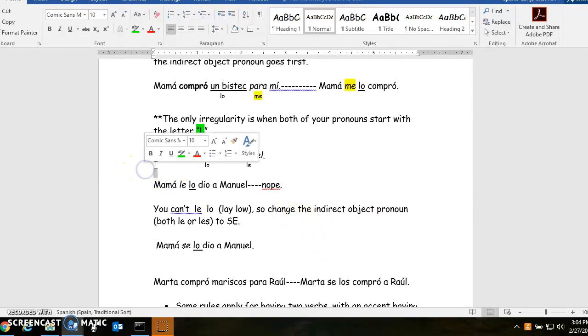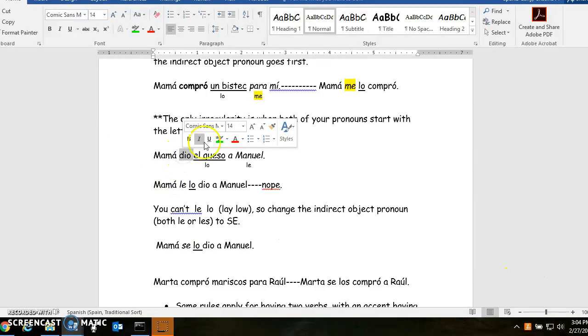So, here's an example. Mamá dio el queso a Manuel. Verb, dio. Mom gave. What did she give? El queso. To whom? To Manuel. Queso goes to lo. Manuel goes to le. If I follow the original rule, the indirect goes first. Mamá le lo dio a Manuel.